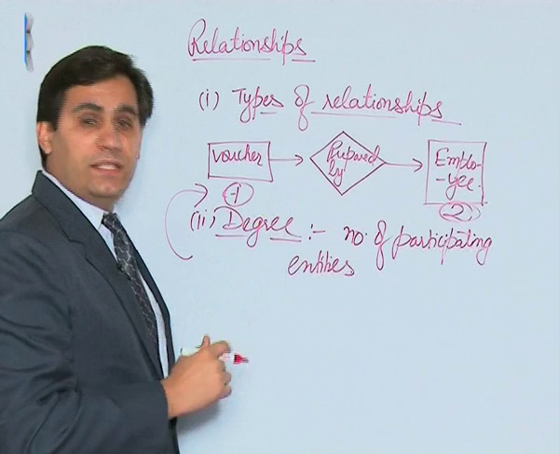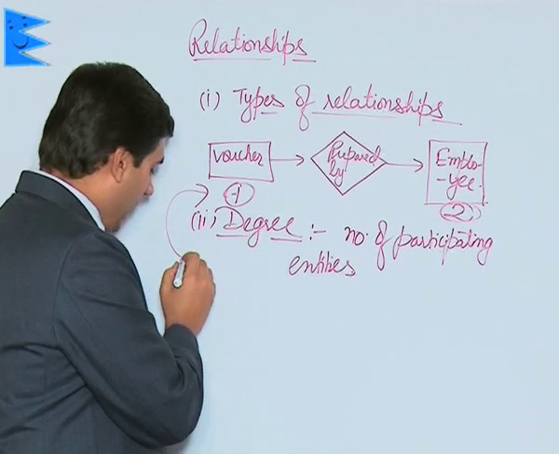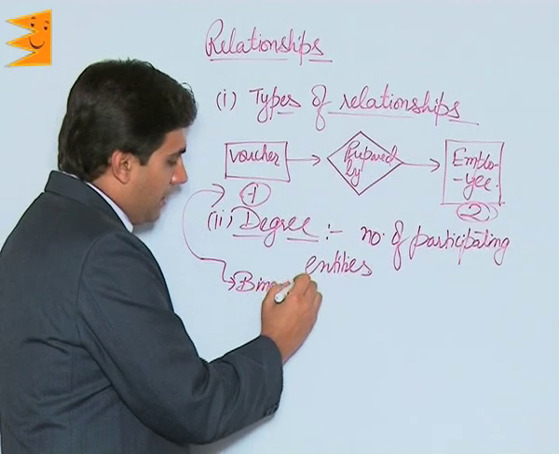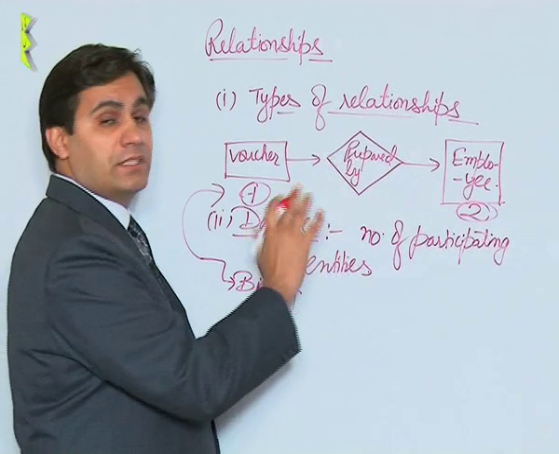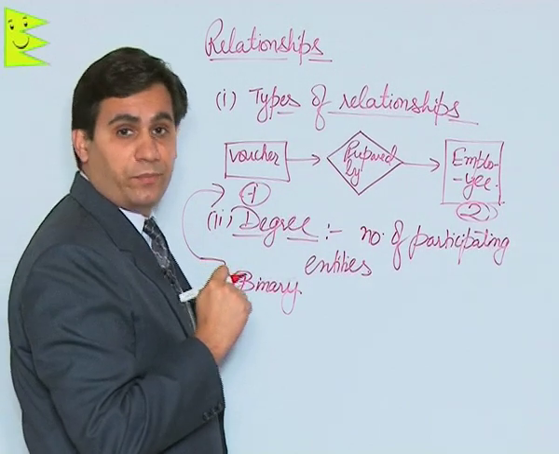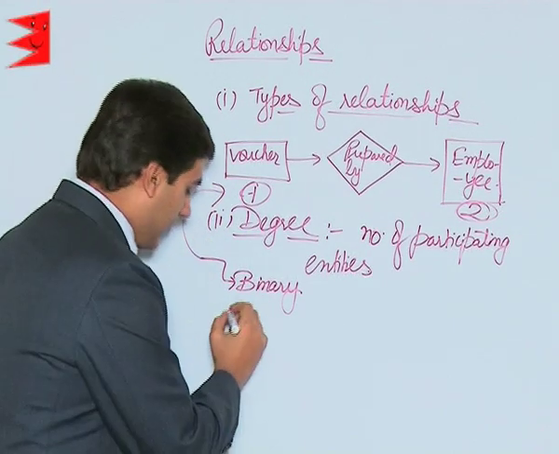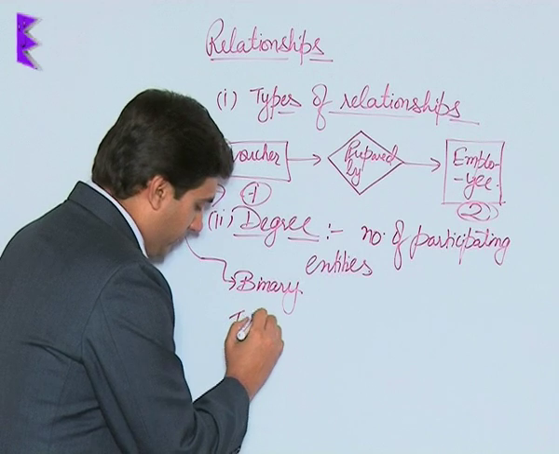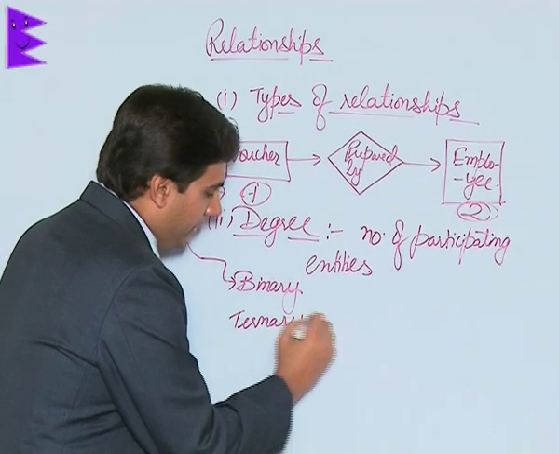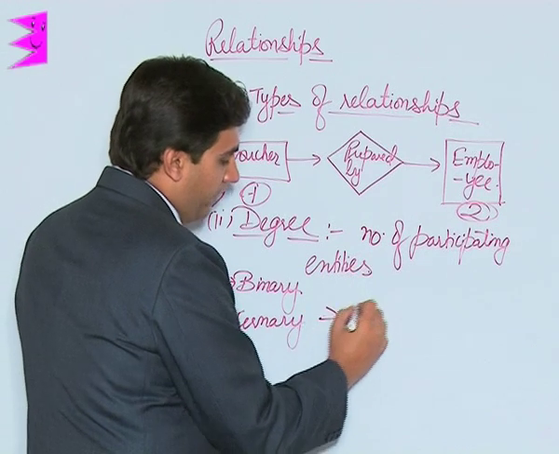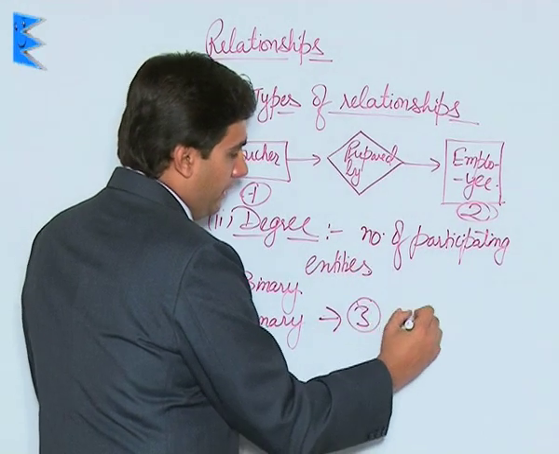So there are two entities, so it can be classified as a binary relationship. Since there are only two entities, it is a binary relationship. In case there are three entities, it will be called a ternary relationship, or ternary degree, in which you have three entities.